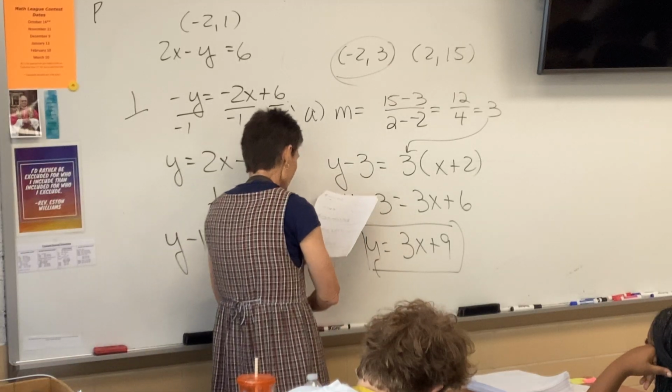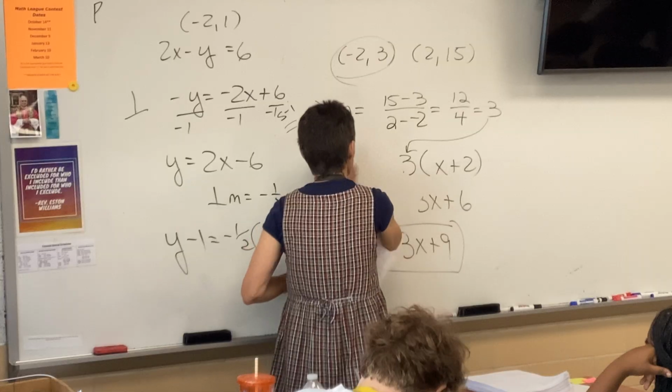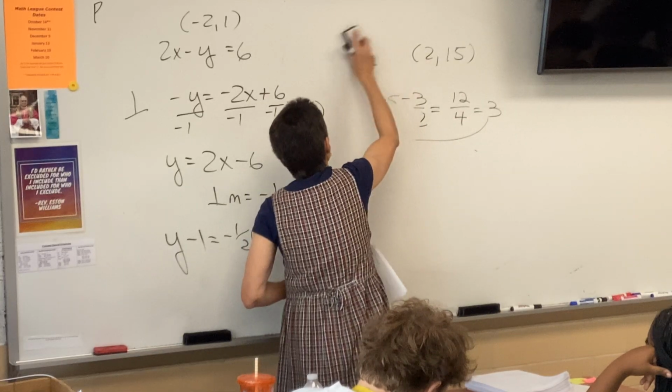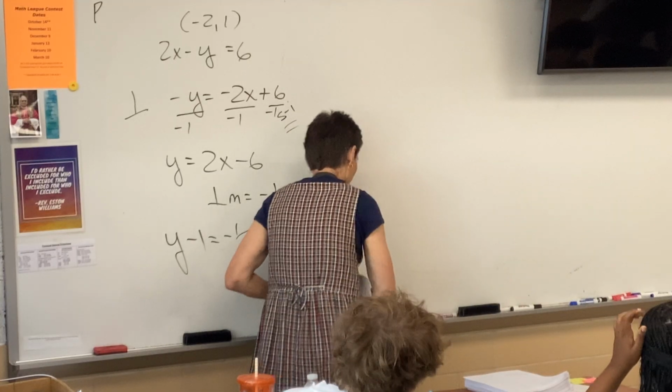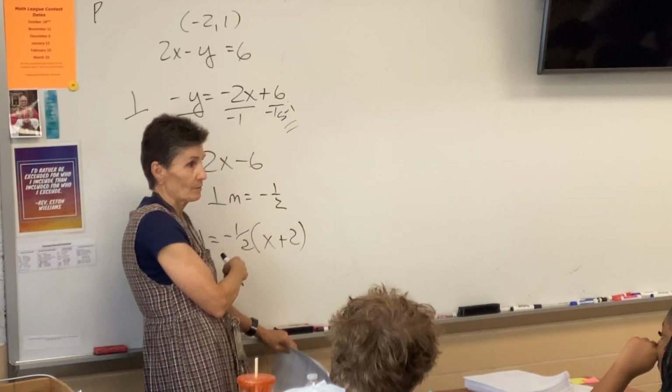Write the equation of the circle whose center is 6, negative 2 with a radius of 4. Okay, this is a circle. Do you remember what circles look like? They do not look like that.